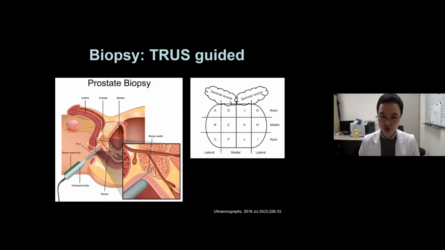During the procedure, a biopsy needle is inserted through the rectum and gets a small sample of tissue from 12 cores. The prostate is divided into these 12 cores, and for each they get the biopsy samples under the ultrasonographic guide.